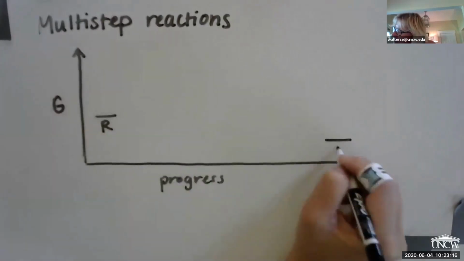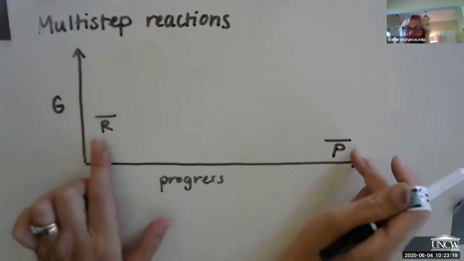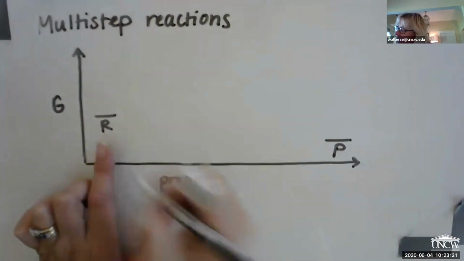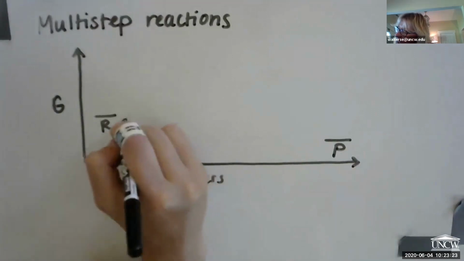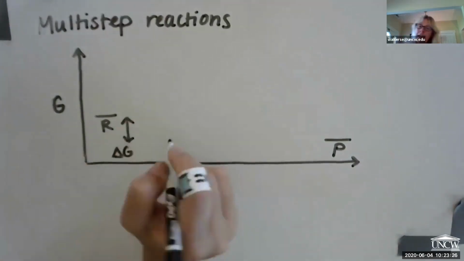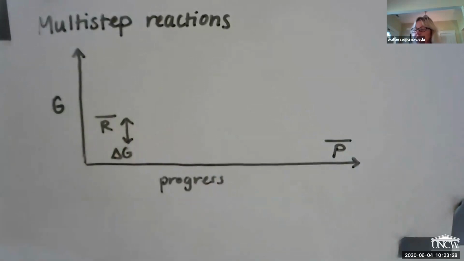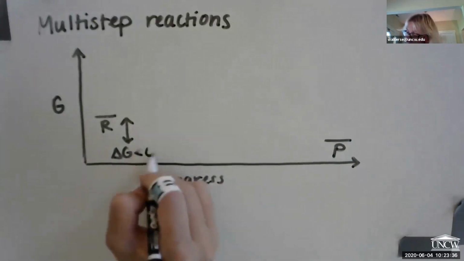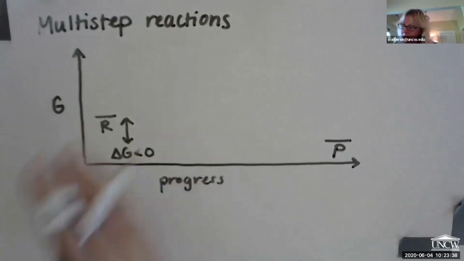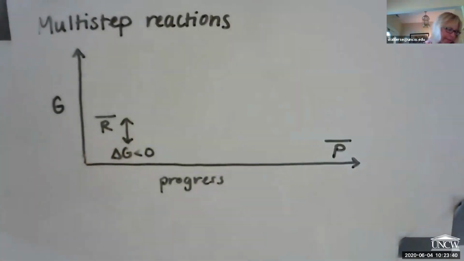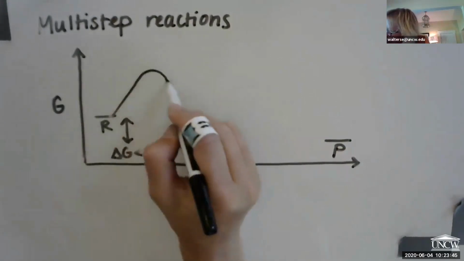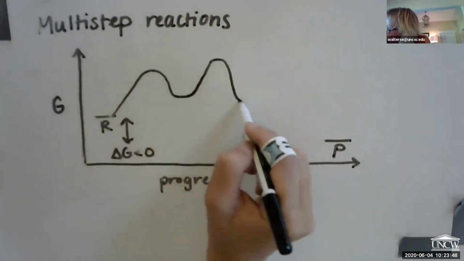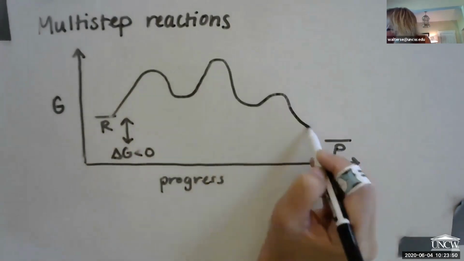Reactants, products. From here to here, it doesn't matter what happens in the middle. Delta G is the difference in the Gibbs free energy between the reactants and the products. So this is an exergonic reaction. Delta G is negative. It's independent of the pathway we use to get there. So we're going to say that this goes to here, goes to here, goes to here, and then down.